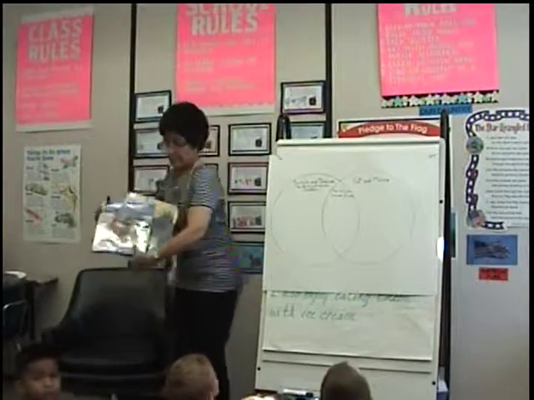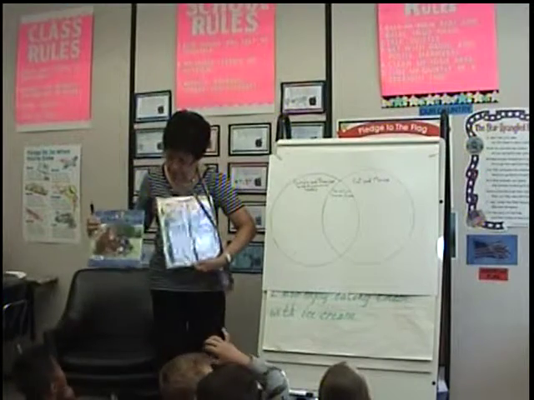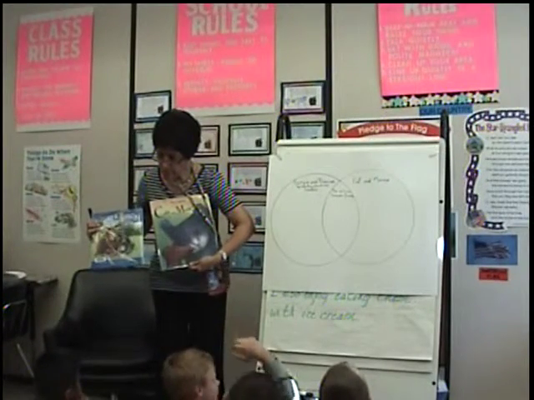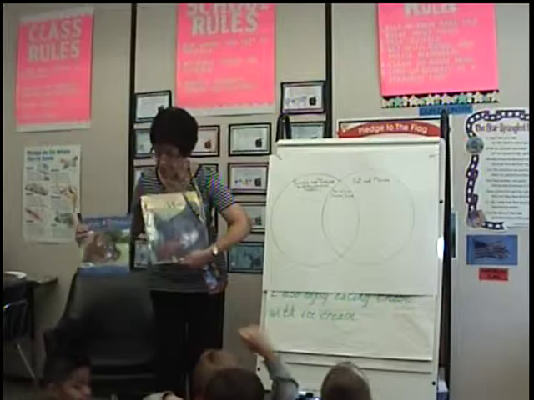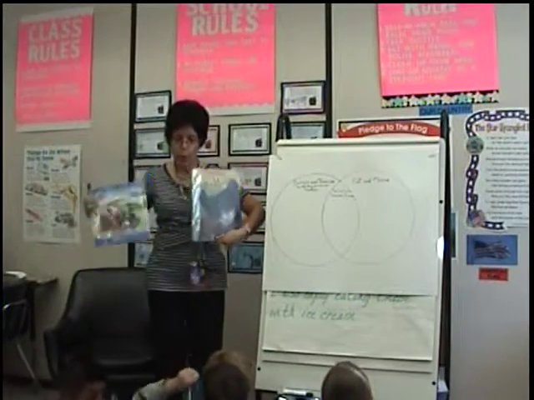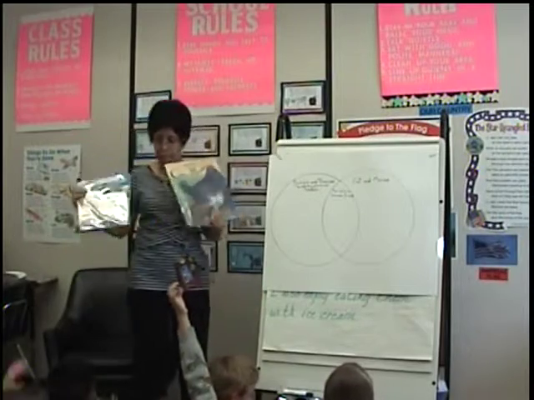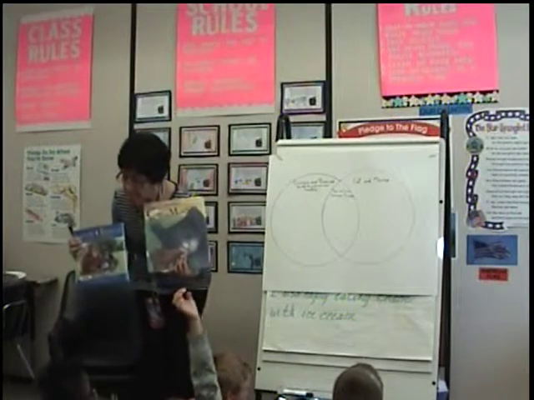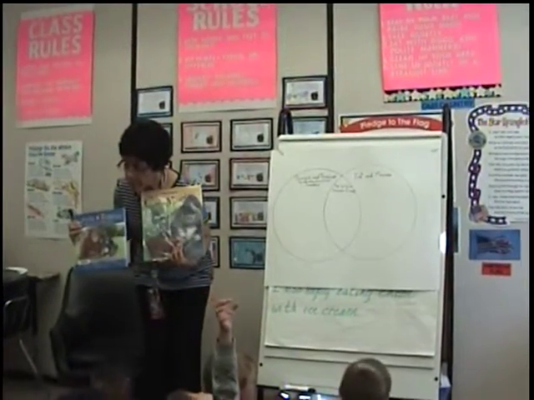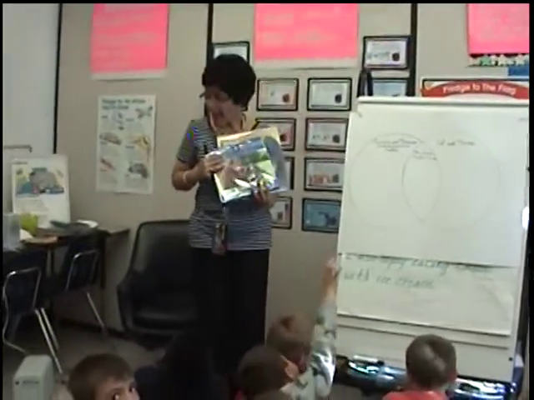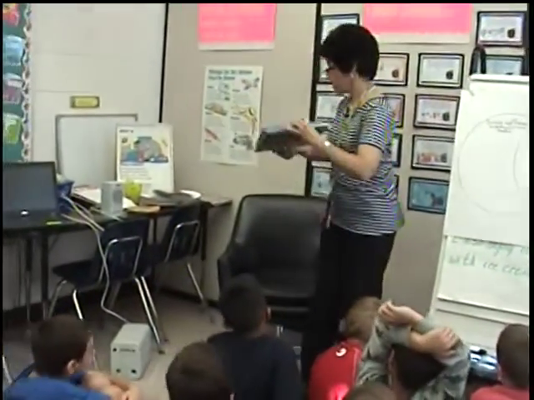What else do you think is similar? Jacob? Between these two books, I want to compare the books. This book is similar to this book. In both stories, they were both animals. The main characters are animals, right? Good observation.